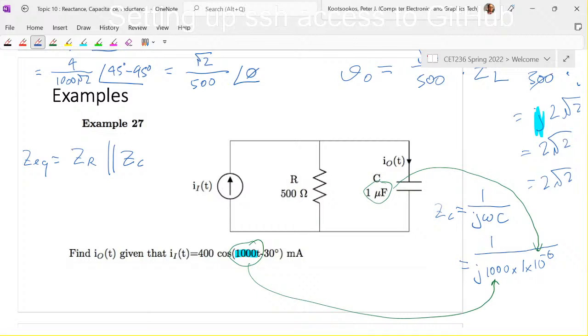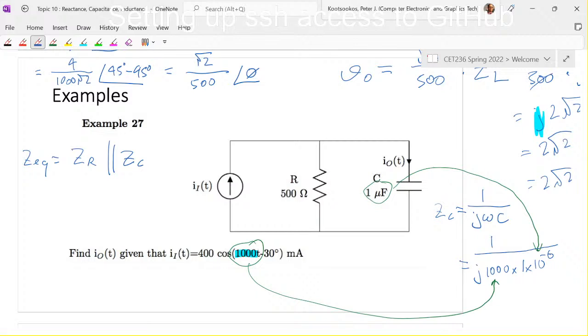Now, one thing that's a bit odd about capacitors impedance versus inductors impedance is that capacitors impedance tend to have a negative sign out the front. Right? I've got a 1 on J there. I can write 1 on J as negative J. Multiply top and bottom by J. I get a J on the top.